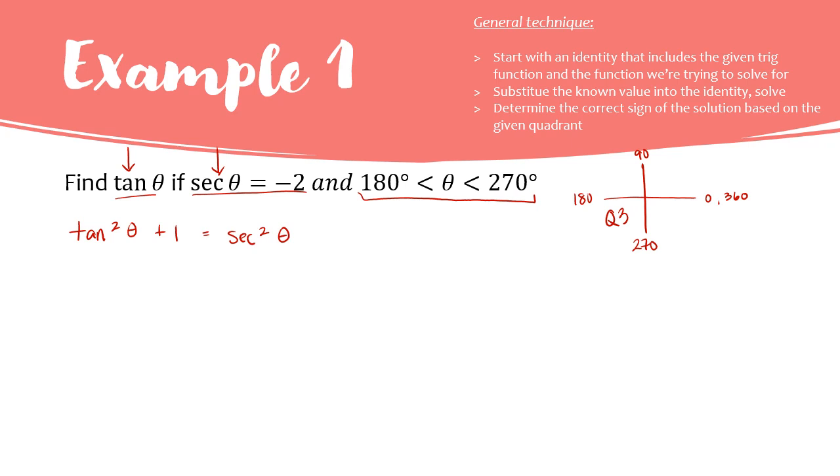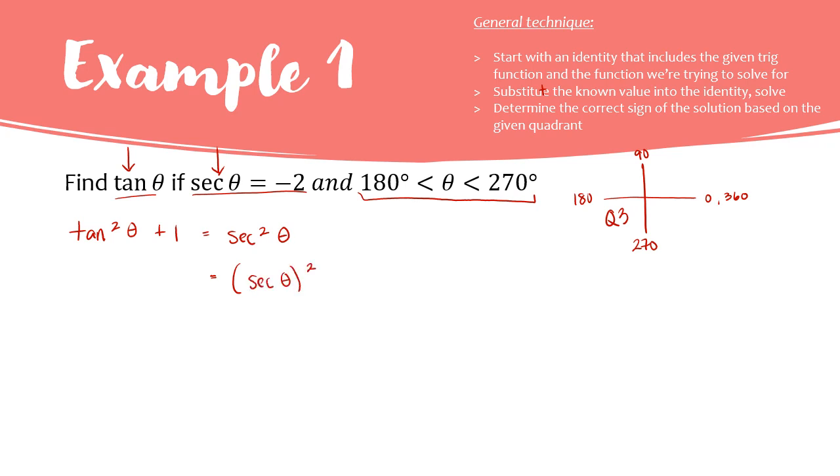Our next step is to substitute the known value into this identity. We know that secant of theta is equal to -2. In our identity we have secant squared of theta. Remember, another way that we could write that is secant of theta squared.